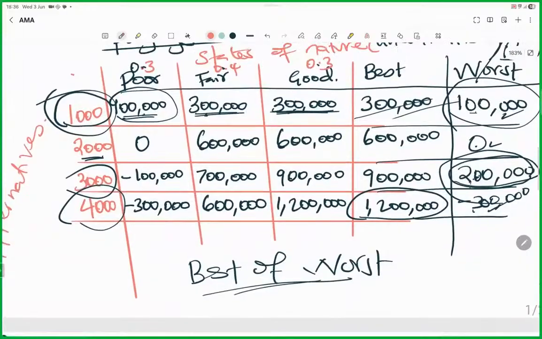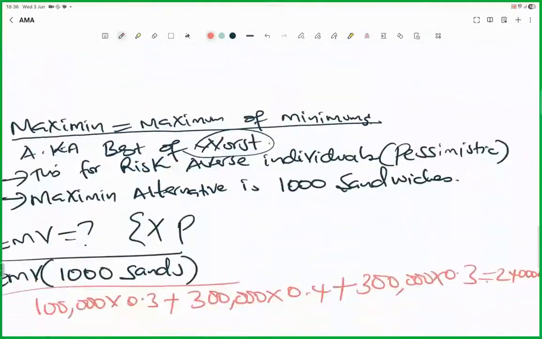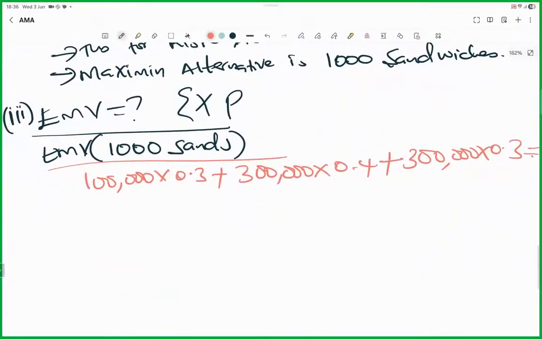If you look at, for example, 2,000 sandwiches, we have these payoffs. So you will take these payoffs times their corresponding probabilities. So EMV for how many sandwiches? 2,000 sandwiches.